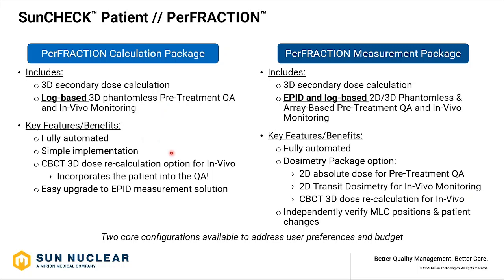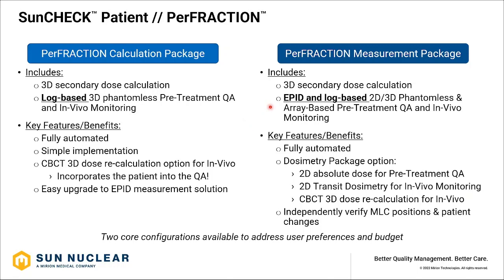It is very simple to implement. We do also give you the option to calculate dose on the CBCT of your patient for in vivo QA. And in the event that eventually, if you choose to go into EPID-based pre-treatment QA or dose monitoring, we do give you that option as well to upgrade.